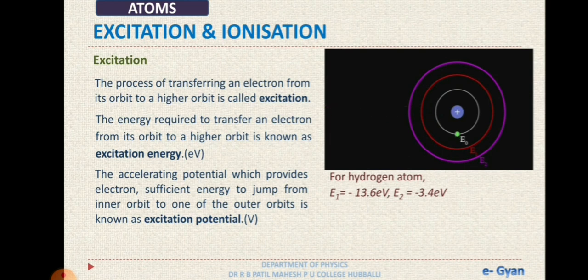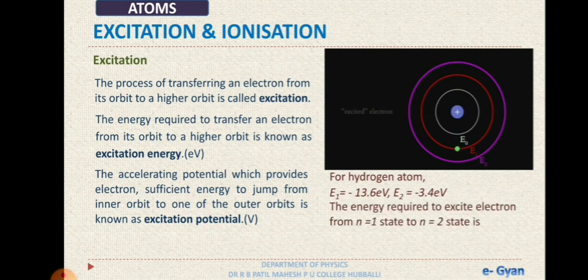Now for the hydrogen atom, the energy of the first orbit is −13.6 electron volts, whereas the energy of an electron in the second orbit is −3.4 electron volts. Therefore, the energy required to excite an electron from the n = 1 state to the n = 2 state is E = E2 − E1, which is equal to 10.2 electron volts. Whenever an atom absorbs 10.2 electron volts of energy, an electron in its first orbit jumps to the second orbit.